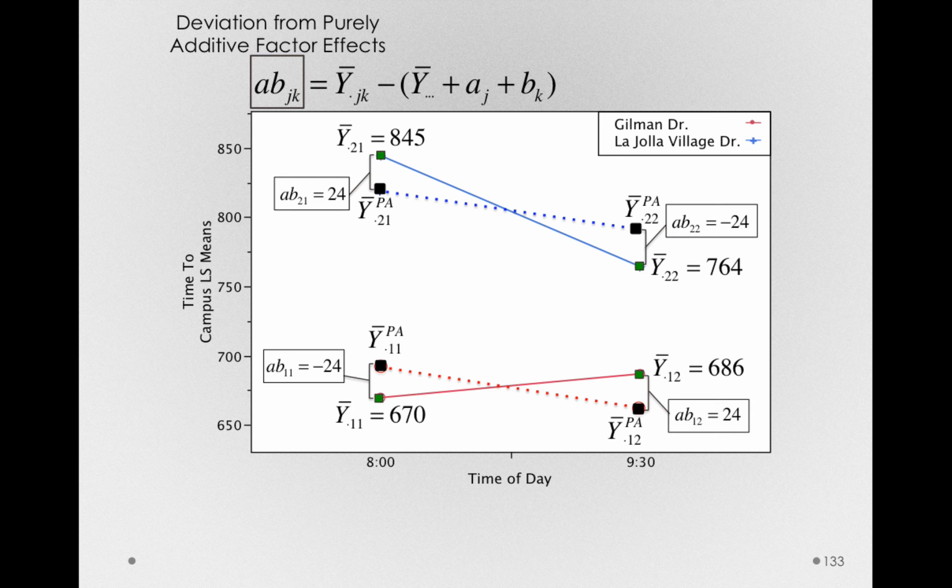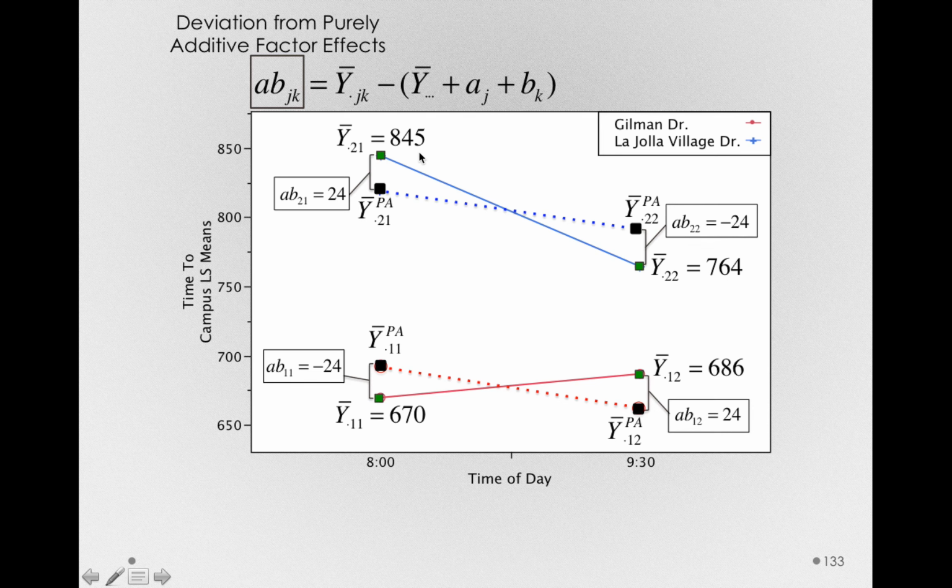So in each of our combinations, time of day by route, we have an AB term. Let's look at one of these. The AB21 here is the deviation for La Jolla Village Drive at 8 a.m. between the purely additive mean, that is the mean we would find without an interaction, and the actually observed mean.